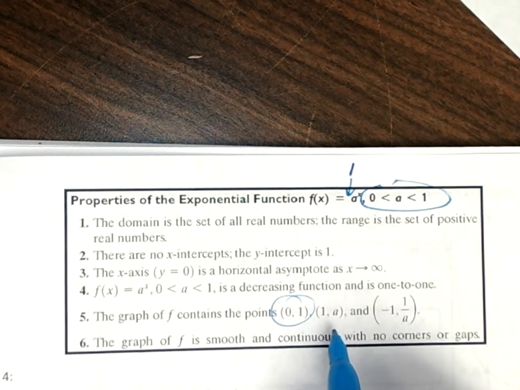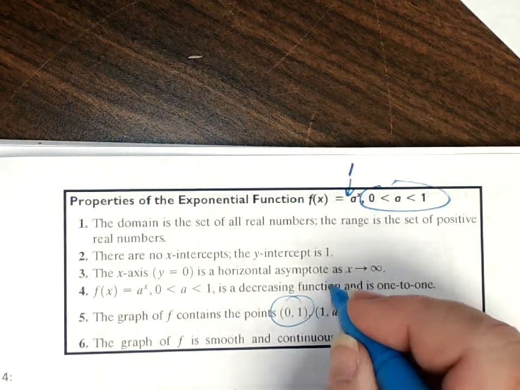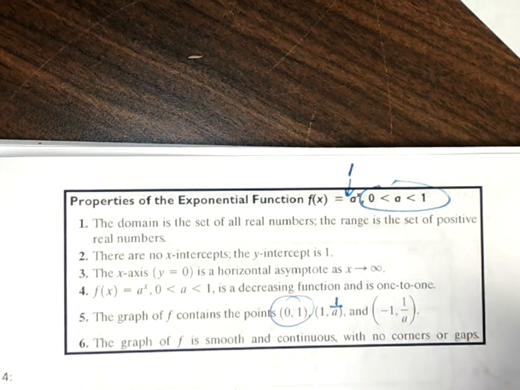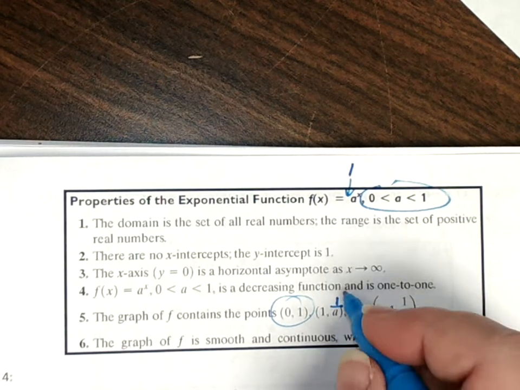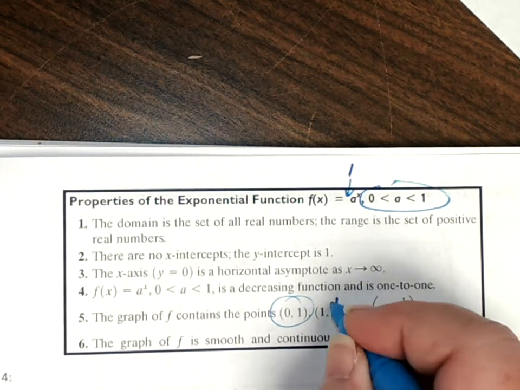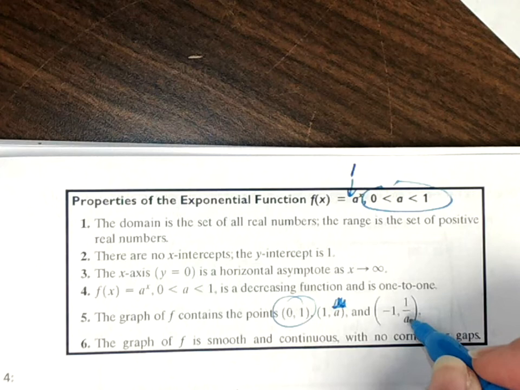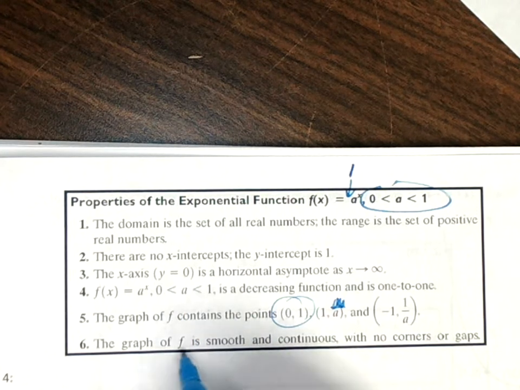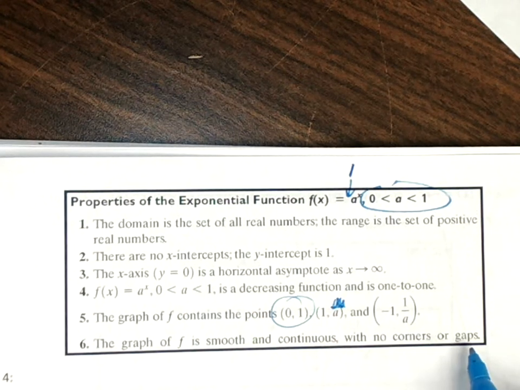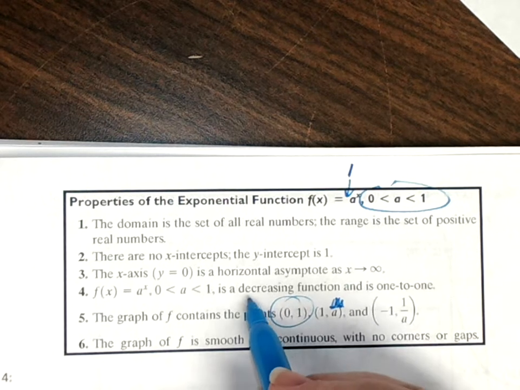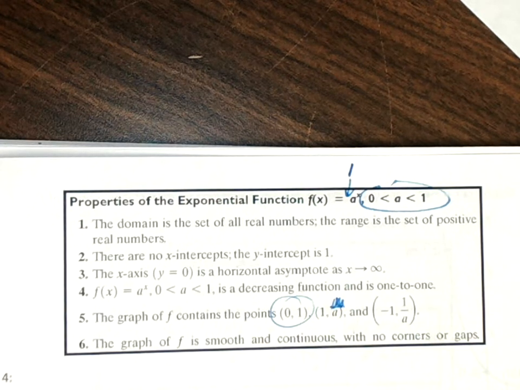This time, notice it went through (1, a), or actually, it's still (1, a), but a is 1/2 in this case. And this is (-1, 1 over 1/2), which made that value 2. It is smooth and continuous with no corners and no gaps. It is a decreasing function.